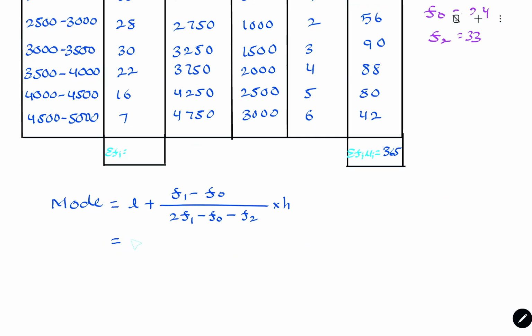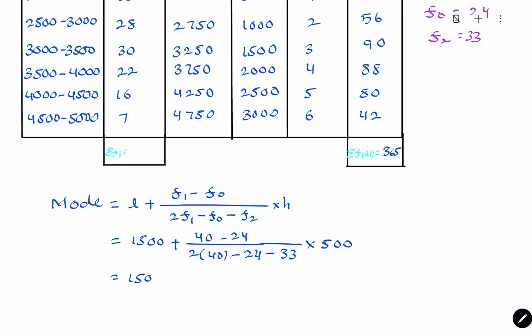Substitute these values in the mode formula. Here L is equal to 1500 plus f1 minus f0, over 2 into f1 minus f0 minus f2, into h, height is 500.